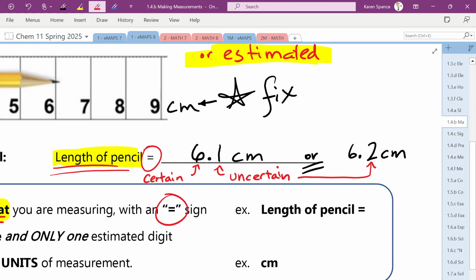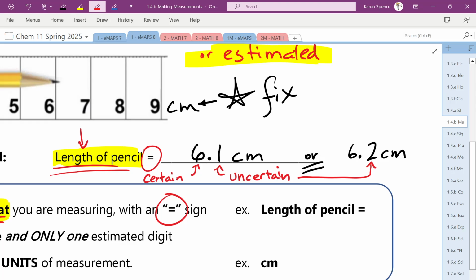So every measurement, when you write your test for this unit, when you write your quiz for this little section, you are going to be given 4 marks for every measurement. Have you written what you're measuring? Have you given me an accurate measurement? If you wrote 8.2, obviously I cannot say that is correct because that is not 8.2.